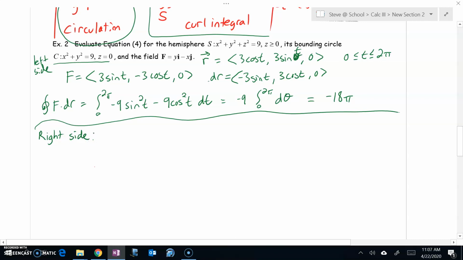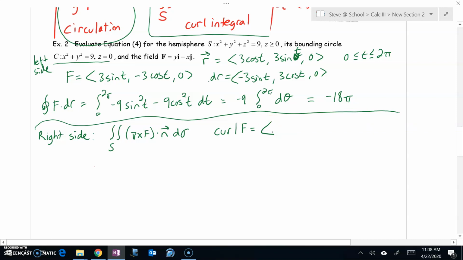Okay, so again, we're trying to set up this integral, which is the curl, dotted with the normal vector, and then d sigma. Okay, so we need to get all our parts. So if you remember correctly, the curl of f is that formula from the last page, right?